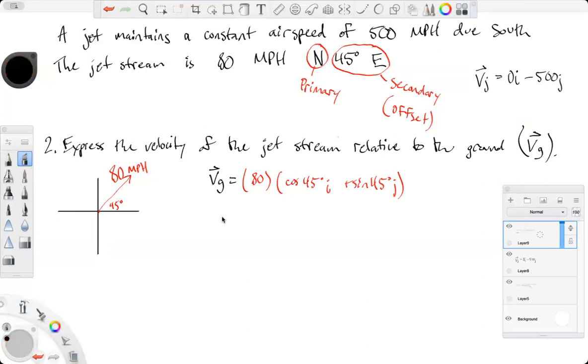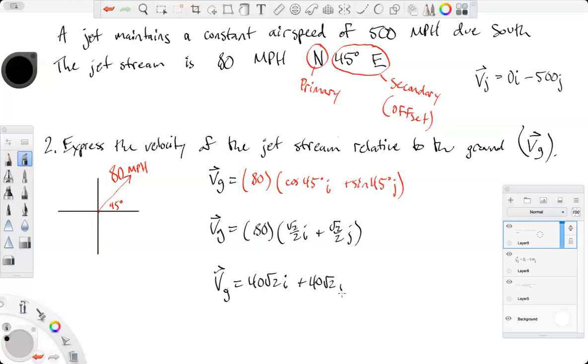So we get VG is equal to 80 times root 2 over 2 I plus root 2 over 2 J. And then we'll simplify. So here we go. VG is equal to 40 root 2 I plus 40 root 2 J. All right, so there's the vector of the wind relative to the ground.